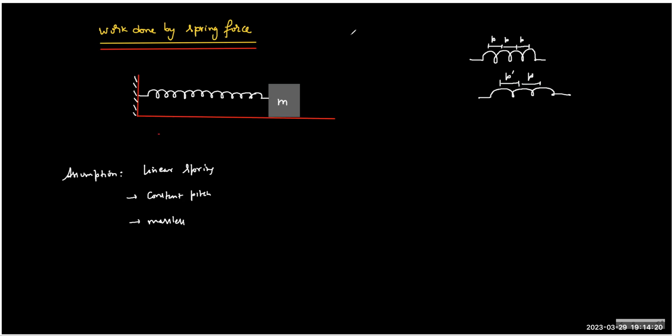A massless spring refers to the fact that any force you apply at one end will transmit everywhere throughout the length of the spring without diminishing, which means every pitch will deform independently of each other by the same force.